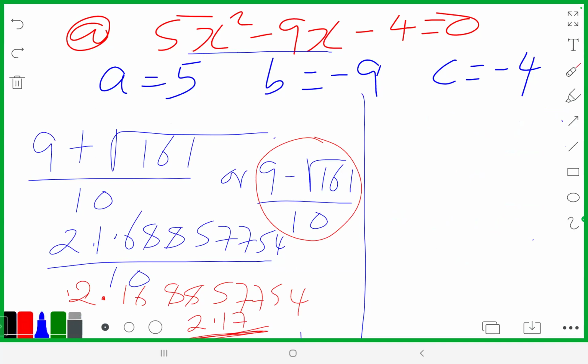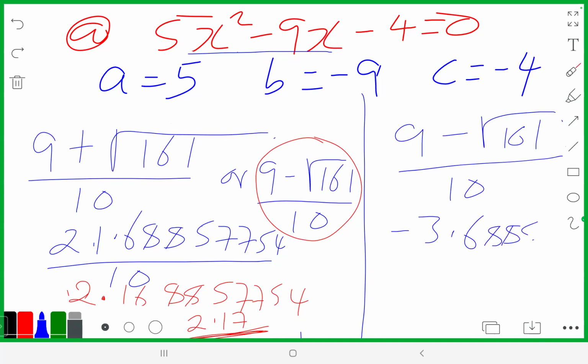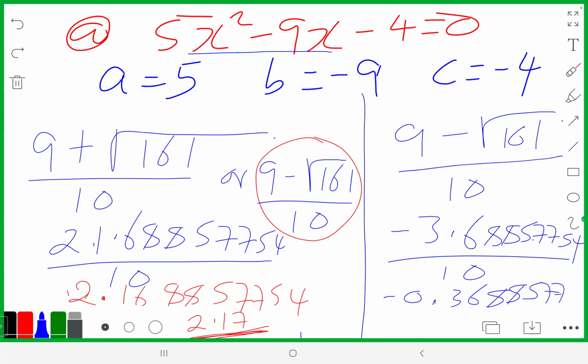Since the board is not enough, we will rewrite it here. 9 minus the square root of 161 divided by 10. 9 minus root of 161 has given us negative 3.688577554, and when you divide this by 10, it is giving us negative 0.368857754. Since it has to be left in 2 decimal places, your answer shall be -0.37. So these are the 2 answers.